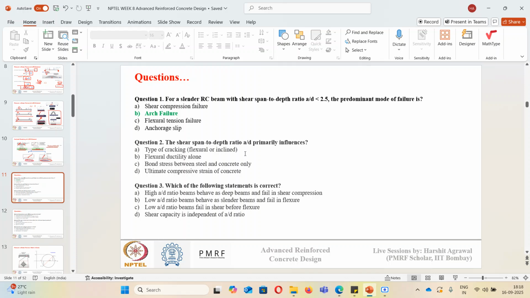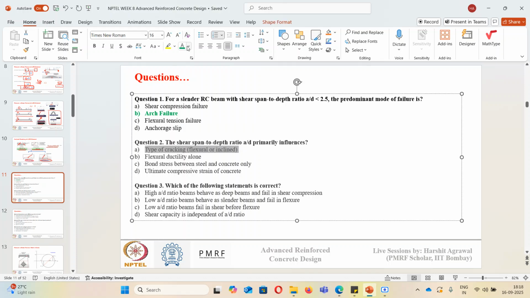Yes, the correct answer is A, because as the A by D ratio changes, the type of cracking changes. If my A by D ratio is very small, we say that shear cracking is happening, an inclined cracking. If my A by D ratio is very large, it means the point of loading is very near to the middle part. Then we say it is the flexure failure which dominates.